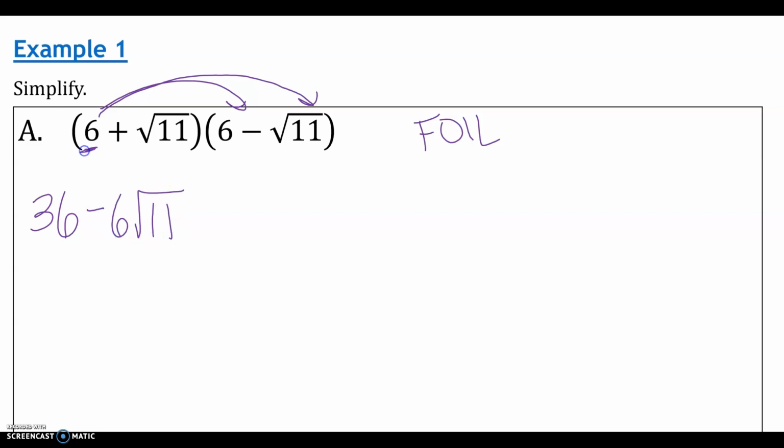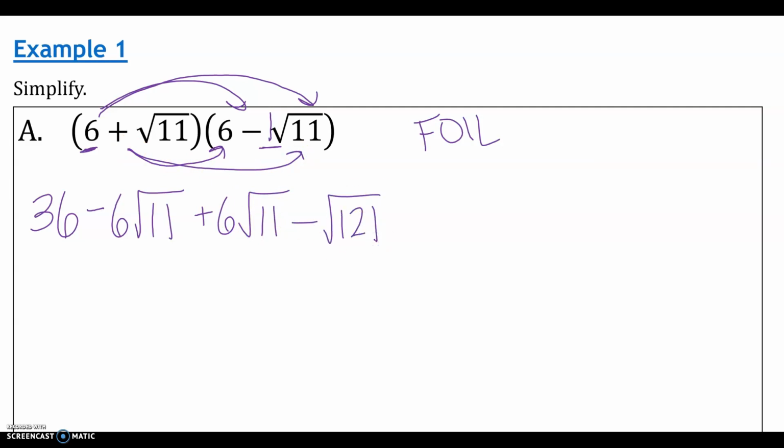This is an outside number. There's a 1 right here, so that 1 times the 6 would give you your 6. Your inner would be a positive 6 radical 11. And then your last would be negative radical 121. So looking at the middle, obviously those are going to cancel.